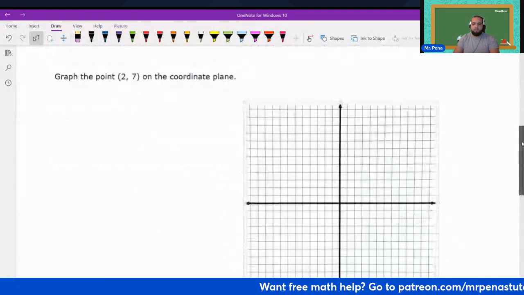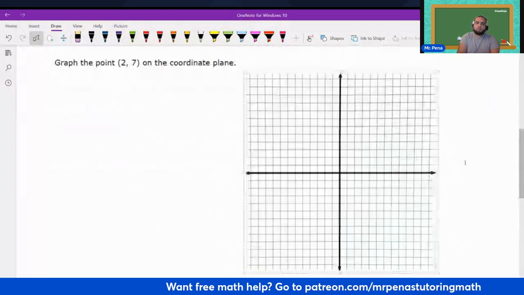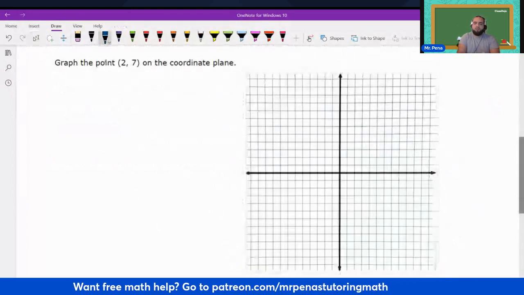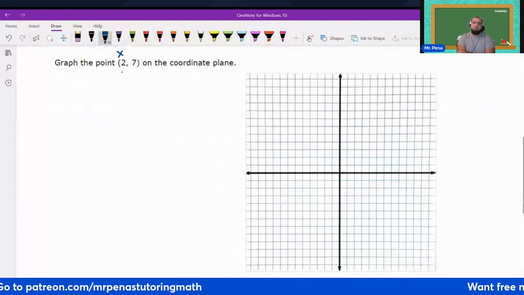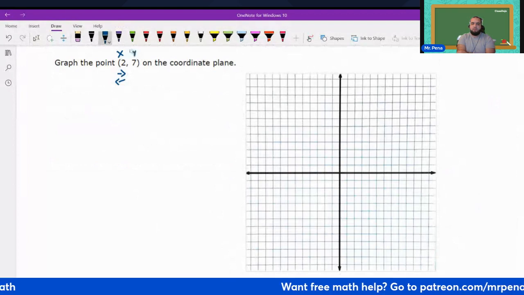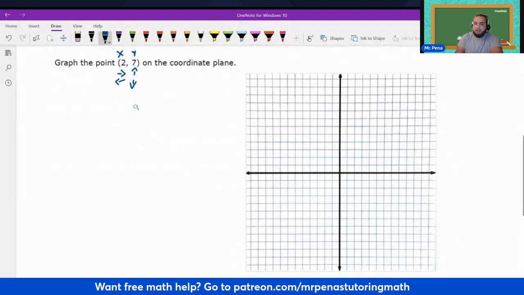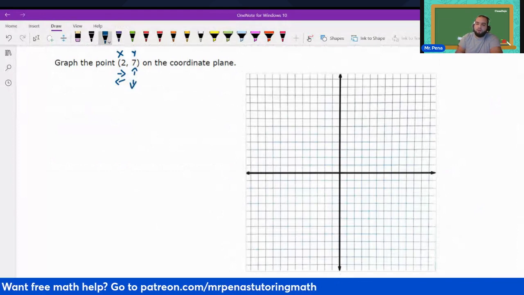Now what are we going to do? Again, the x is left and right, and the y coordinate is 7, up and down. Now we're going to start from the origin, which is the middle.